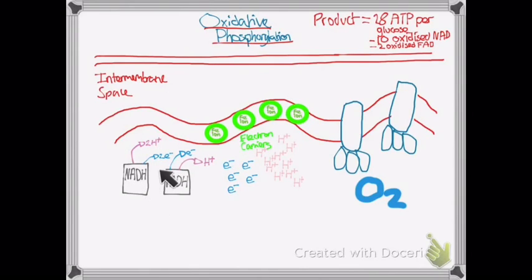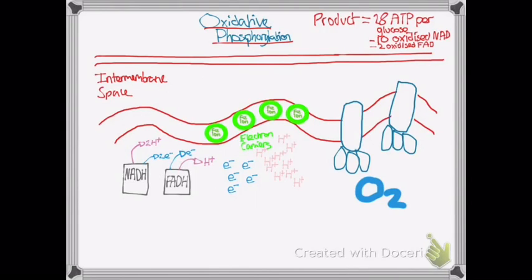So NADH and FADH arrive at the inner membrane, this membrane here. They then become oxidized. They turn into NAD and FAD. Okay, they're oxidized, they lose their hydrogens and electrons.